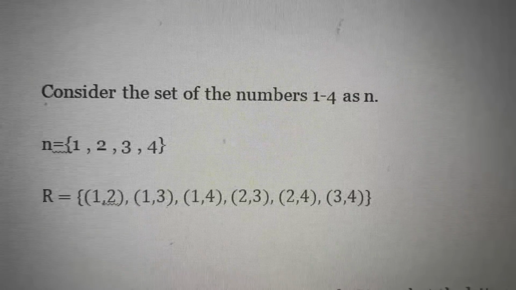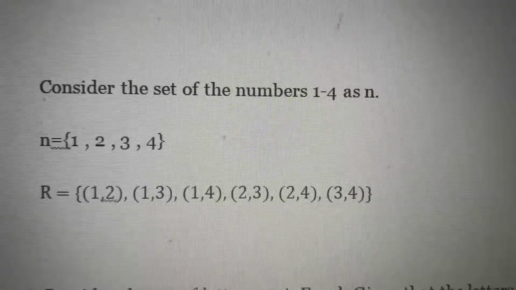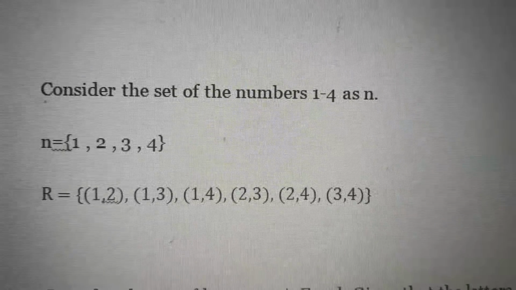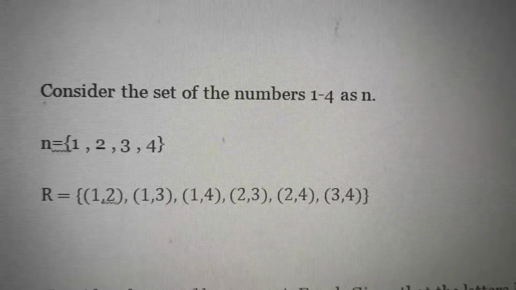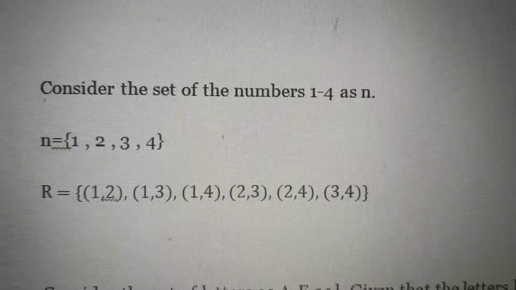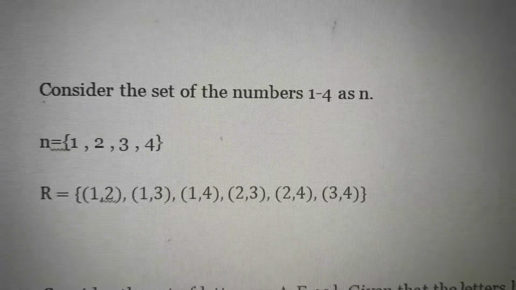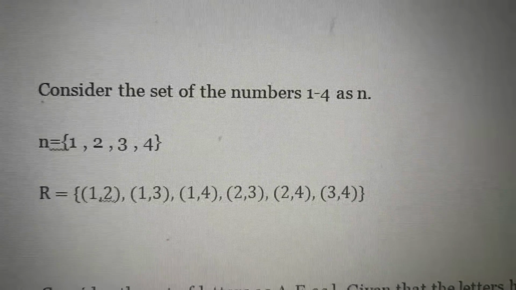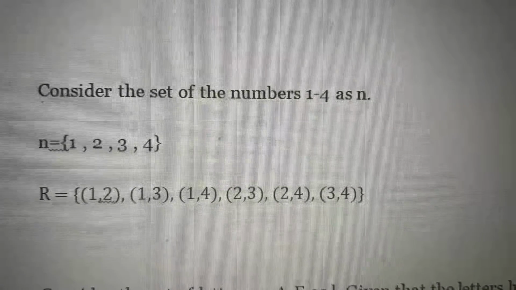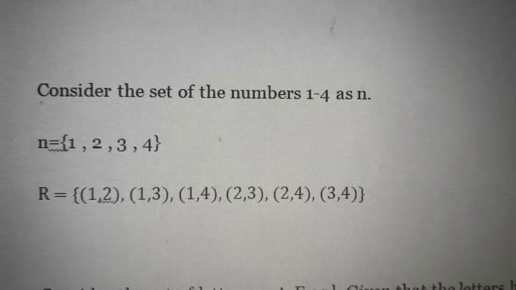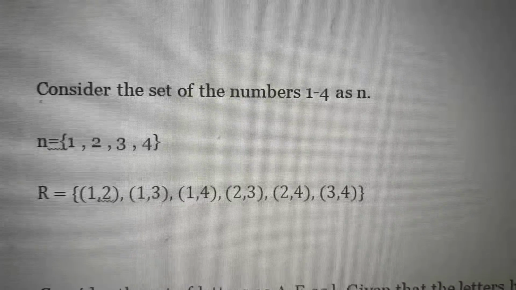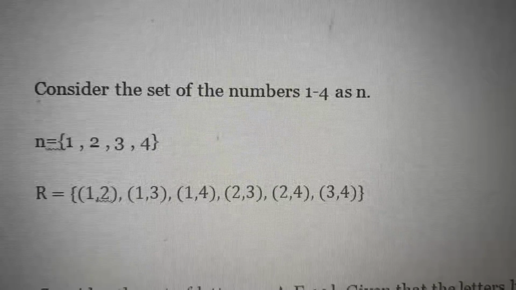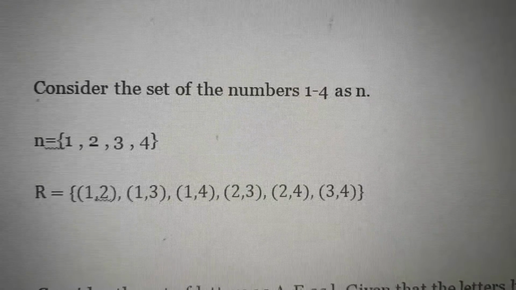Another example is also based on the previous example from the reflexive property of relations. Consider the set of the numbers 1 to 4 as N. N is equal to 1, 2, 3, and 4. This time, tinanggal natin yung equal, or gamit tayo ng rule which is x is less than y.